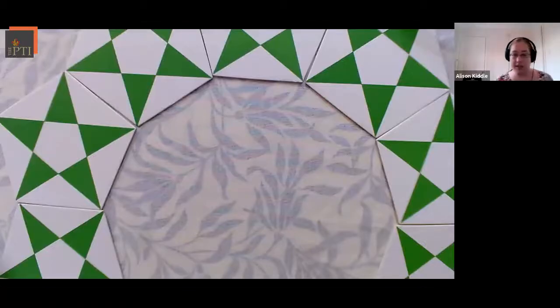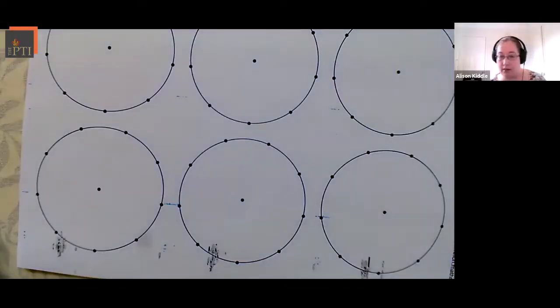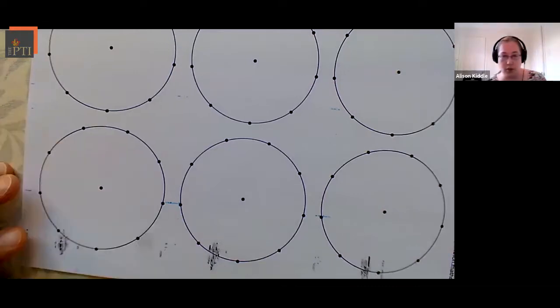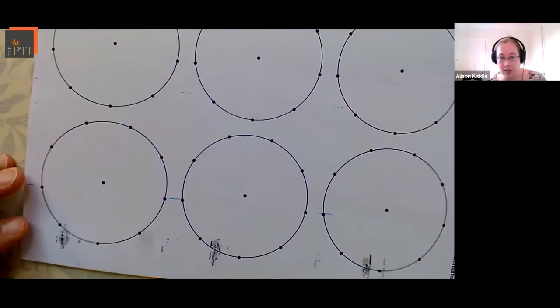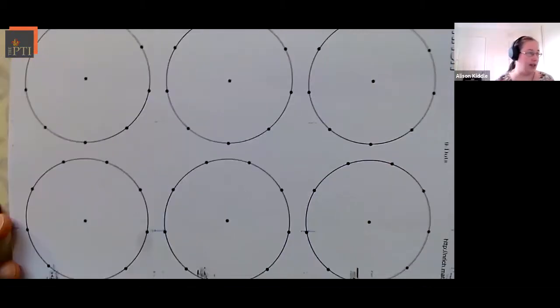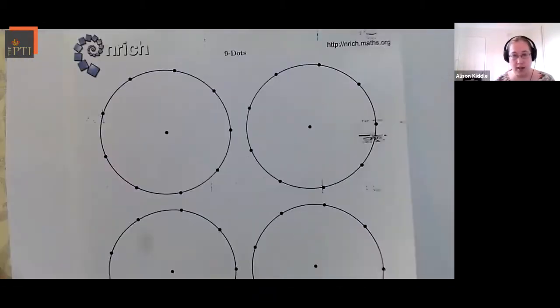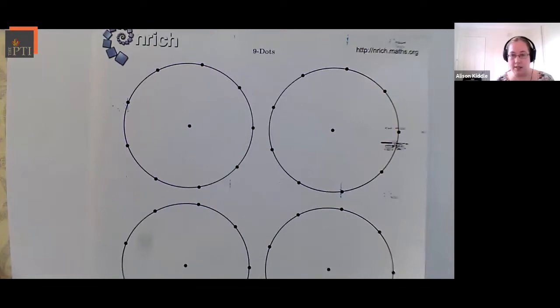Okay, so let me share my screen. And I'm going to put the link in the chat again, so if anybody wants to play along on their own screen, there is an interactive version of what Charlie's got printed out there, so that you can draw quadrilaterals on the screen instead.